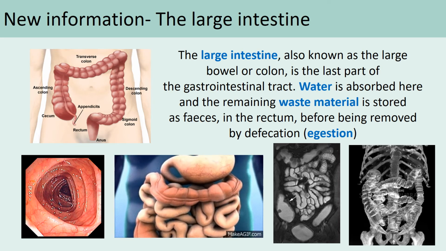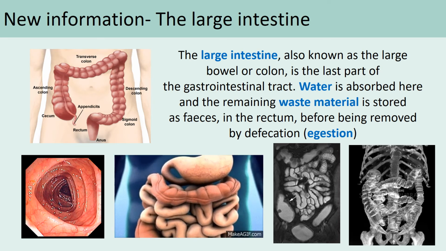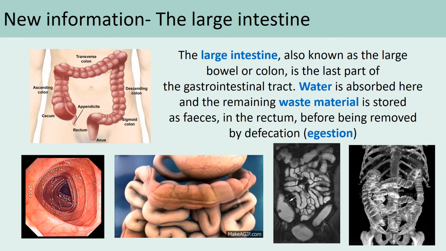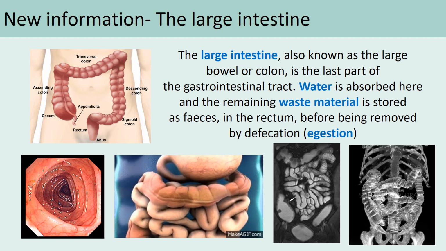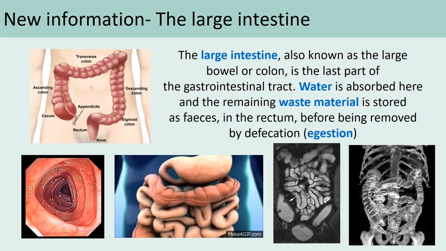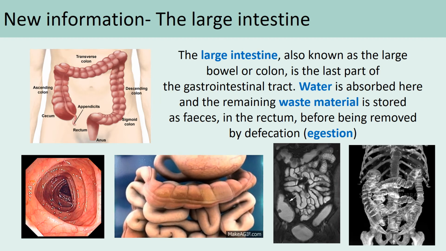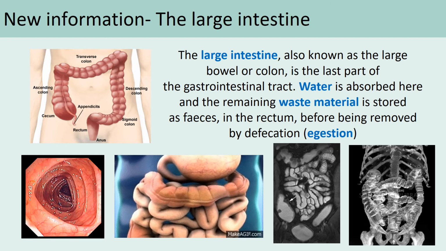Now, the large intestine is very important because it actually absorbs the water. So water is absorbed here from the undigested substances, the undigested food, and that's really important because if we don't reabsorb that water, take that water out, then we will dehydrate.